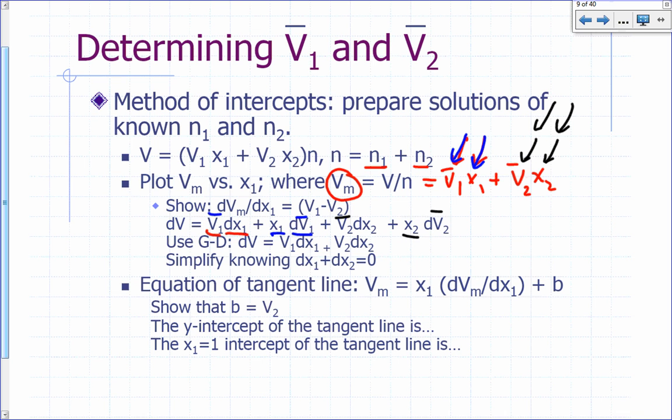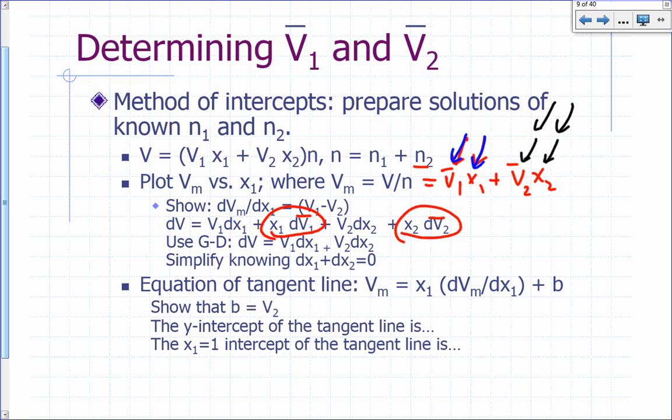Now, if we use the Gibbs-Duhem equation, what do we know from it? We know that x1 dV1 bar plus x2 dV2 bar should add up to 0.